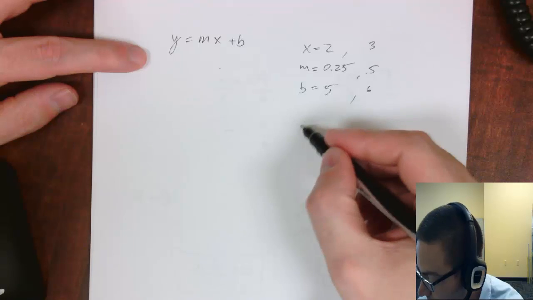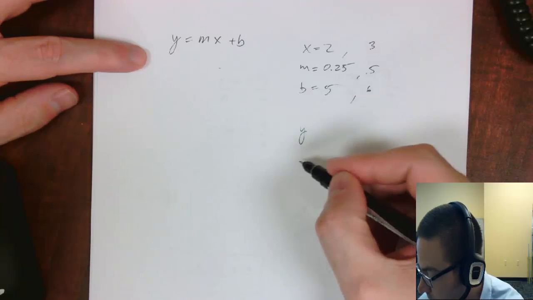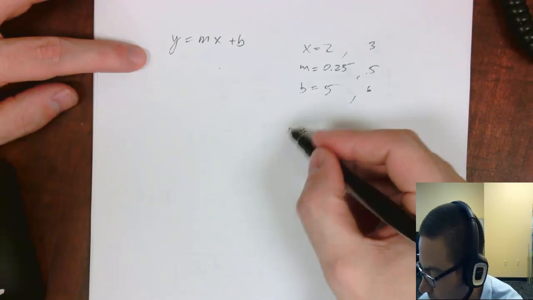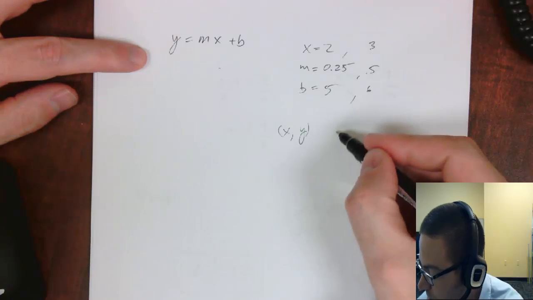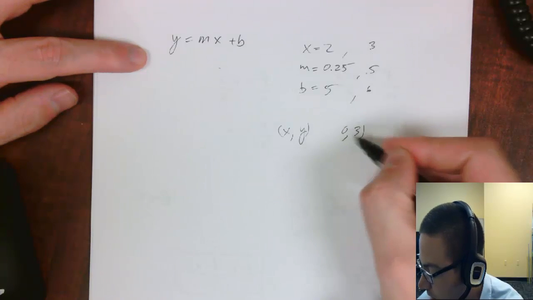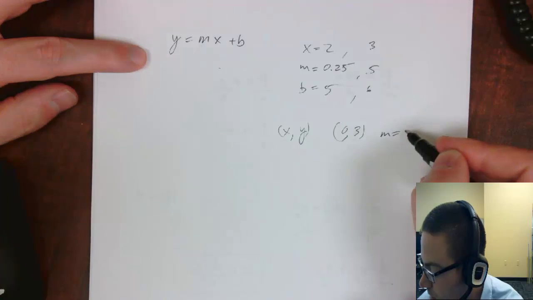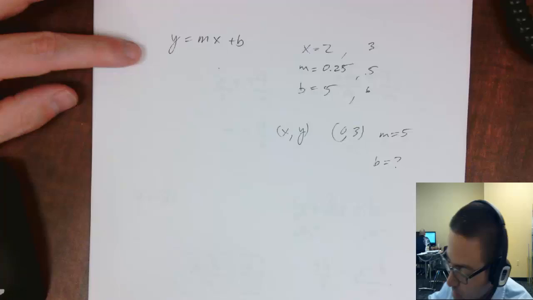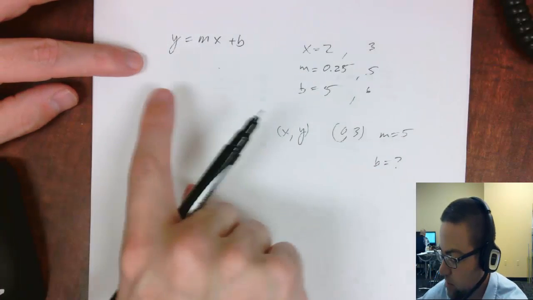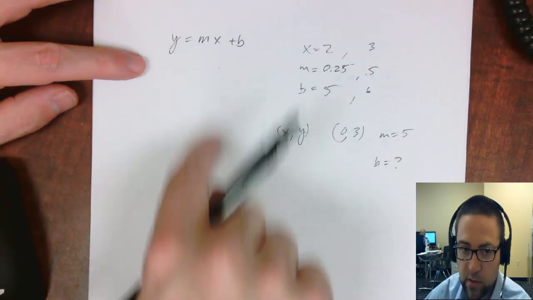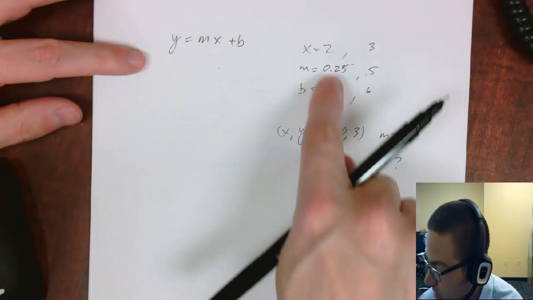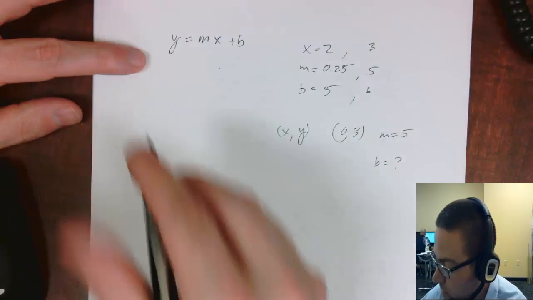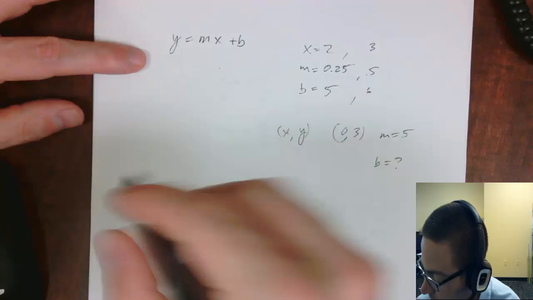But sometimes maybe they give you the y value and the x value, maybe as a coordinate, so like 0, 3, and a slope of 5. Now you have to find the b value, right? So maybe there's 2 programs that you're writing. So one, we can have it solve for y, but another one we want to solve for b.